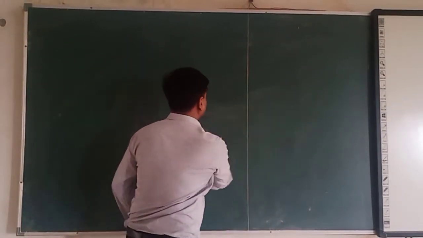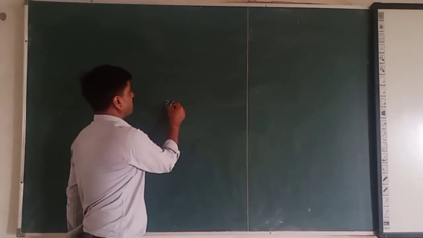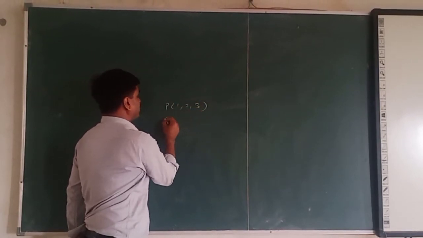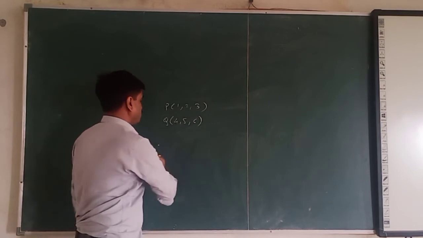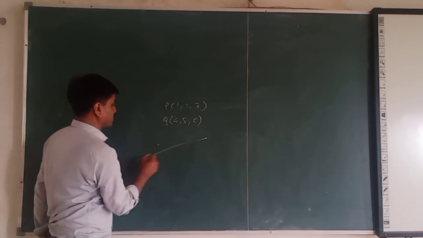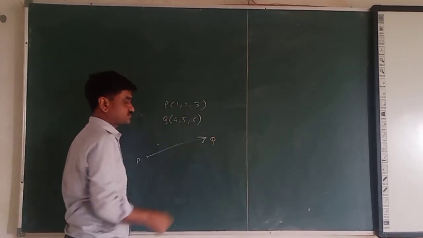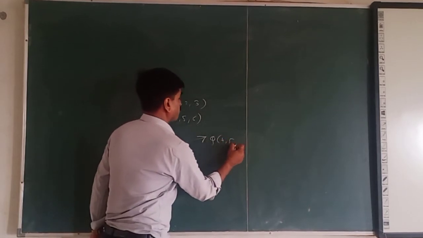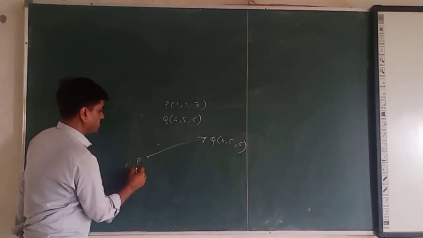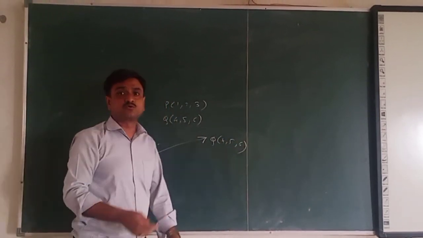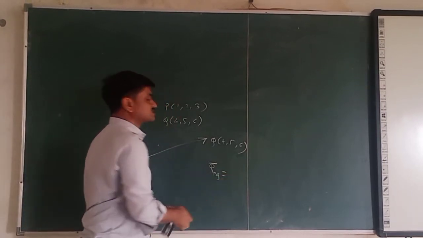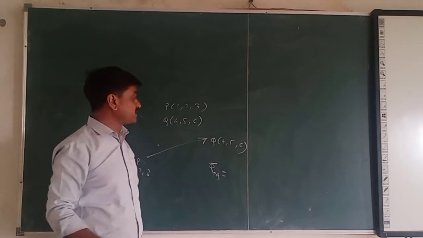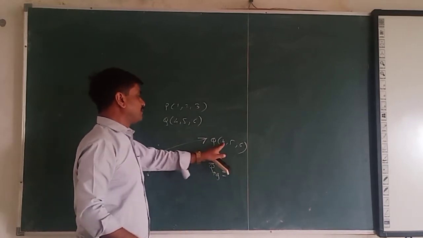Now, if point P is (1, 2, 3) and point Q is (4, 5, 6), and we want the vector directed from P to Q, then let R_PQ be the vector directed from P to Q. We have to take tip minus tail.